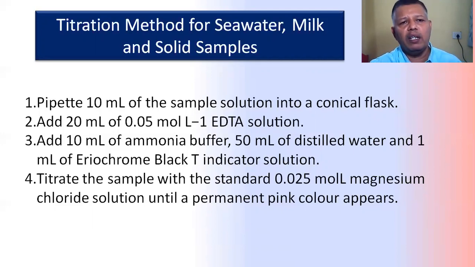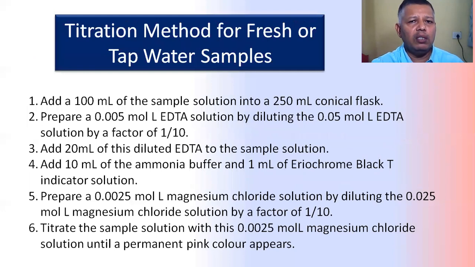In this way we can use this titration for seawater, and for fresh or tap water a similar procedure can be used. Add 100 ml of sample solution into a 250 ml conical flask, then prepare the 0.005 molar EDTA solution by diluting it to get a 1:10 ratio.